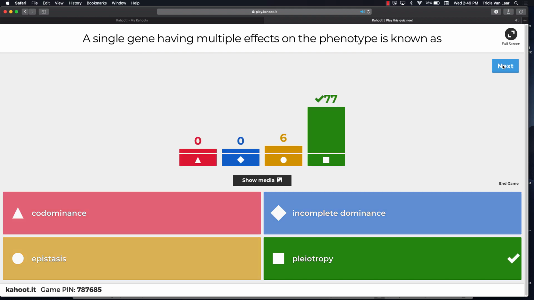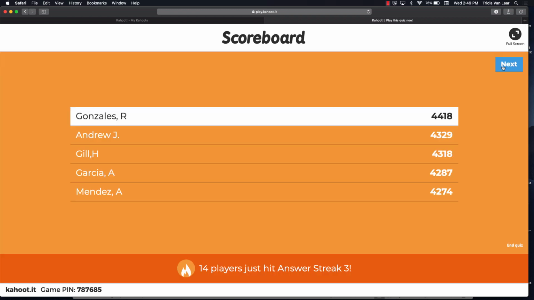Good. Pleiotropy. Remember, epistasis is two genes having an effect on one phenotype. Pleiotropy is one gene having an effect on multiple phenotypes.